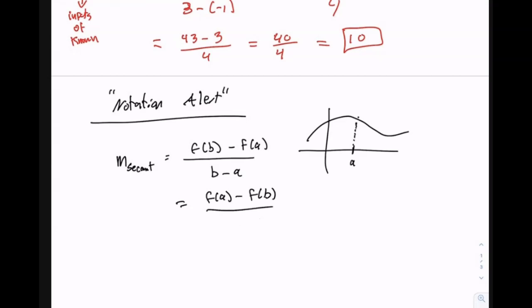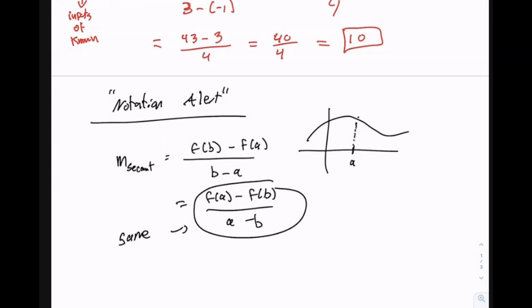I want to point this out first. Typically we don't do A minus B in practice when we write down our formula, but algebraically you get the same thing, because you get a negative value on top and a negative value on the bottom, and the two negatives cancel each other out.